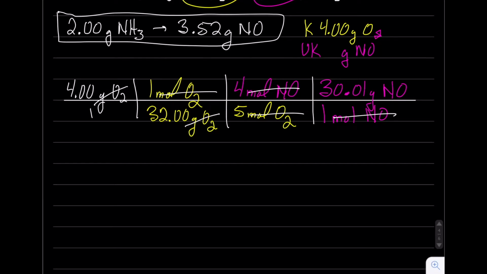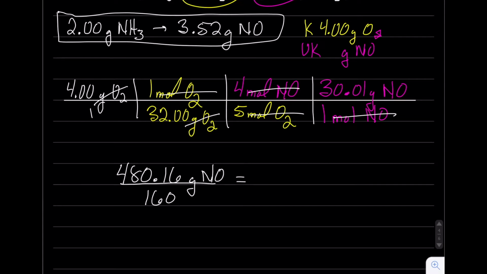So now let's do some multiplying and dividing. If I multiply across the top, 4.00 times 4 times 30.01, I got 480.16 grams NO. And multiplying across the bottom, 32.00 times 5 times 1, I got 160.